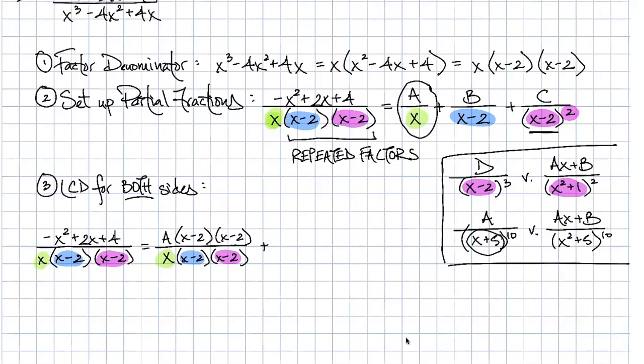When I look at the second fraction, I notice that right now it has B, and on the bottom it has the blue x minus 2. So to make it the same as the other side, I'm going to need the green x and the purple x minus 2.